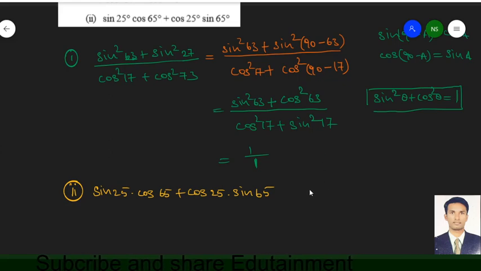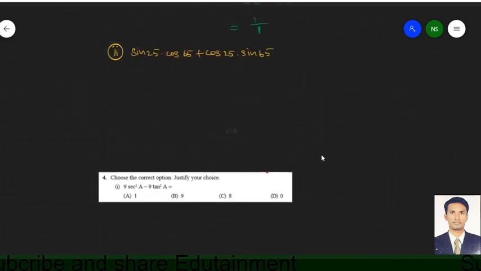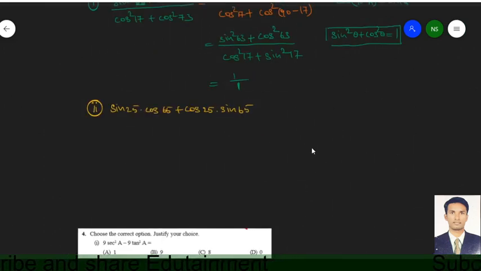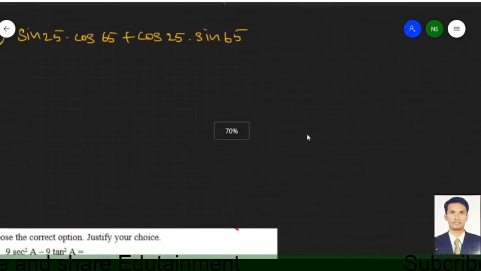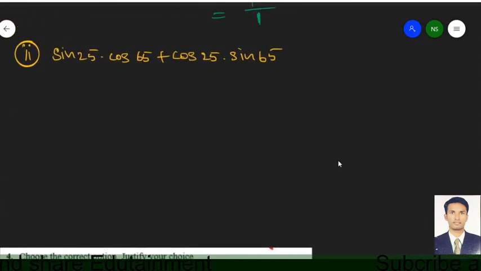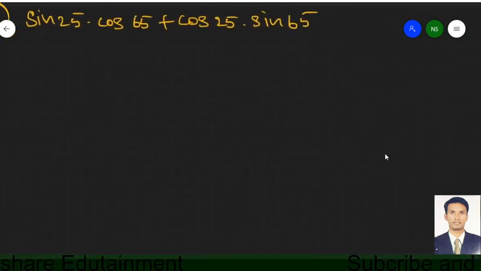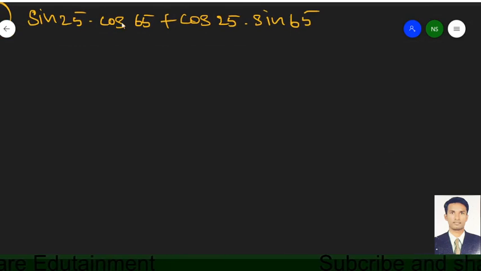Yes, let us zoom it. Sine 25 into cos 65.